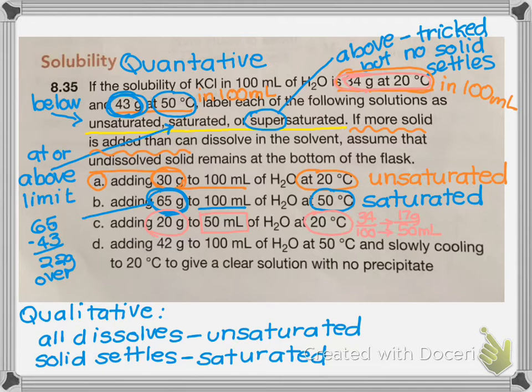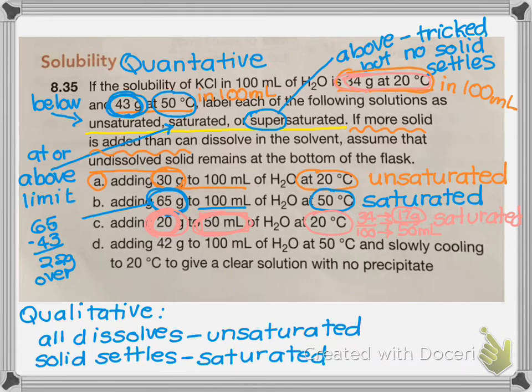Because if I have the solvent in half, then the solute also has to be in half. So at 50 milliliters, I can only dissolve 17. But in this example, I tried to dissolve 20. So that means I'm over the limit, and this solution is saturated. So pay attention, if the amount of solvent changes, then you have to also change the limit because it's going to depend on how much solvent.